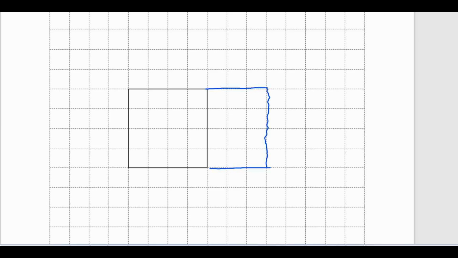This is not an appropriate line, but I hope the solution is clear to you. Now this will be the height and this will be the final answer. I hope that the concept is clear.